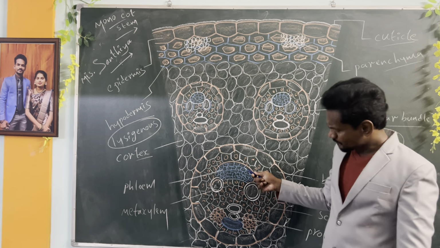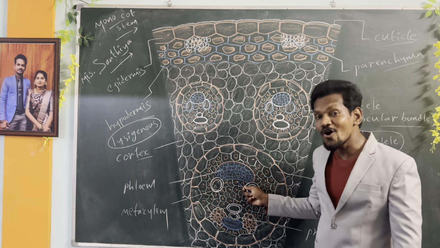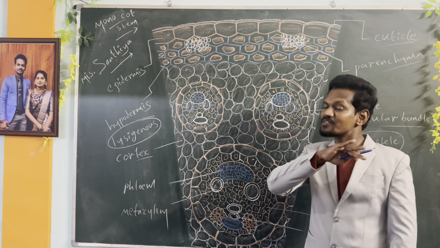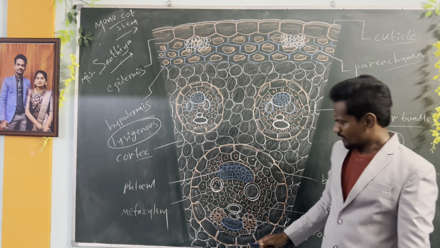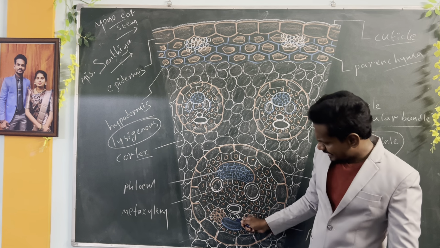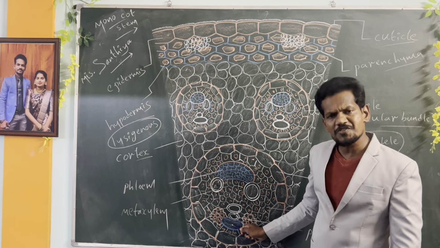But here this vascular arrangement is conjoined collateral closed. Why? Because cambium is absent. Remember everybody.